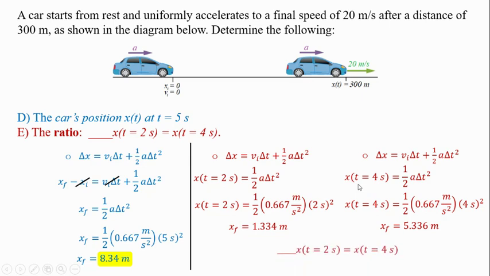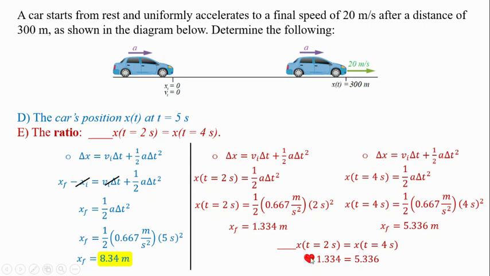But you're not done yet. So you still need to carry down this expression, blank x of 2 seconds is equal to blank x of 4 seconds. So carry that down. But I encourage you to replace the blank here in this statement with just a heart, aka your unknown, or you can use whatever symbols or shapes you want, and then just plug in the values that you just calculated. You just calculated here x at 2 seconds is 1.334, x at 4 seconds is 5.336.